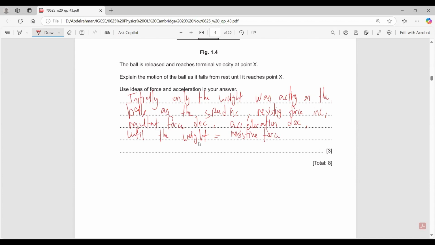In this case, you can call it the water resistance or upthrust. The weight is equal to the resistive force, and therefore zero resultant force, which means that it moves at a constant speed, or in other terms, you can say that it is moving at the terminal velocity.